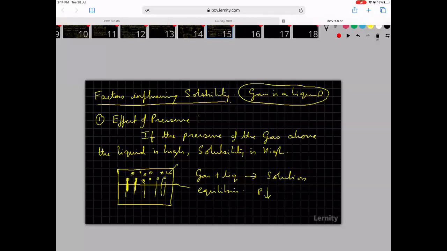If the gas comes out of the liquid, pressure increases. So now if you increase pressure, Le Chatelier's principle tells me that the system will move to the right. That is, more gas will get into the liquid, thereby trying to reduce the gas pressure. So whenever you increase the pressure of the gas above the liquid, the solubility of the gas in the liquid increases.